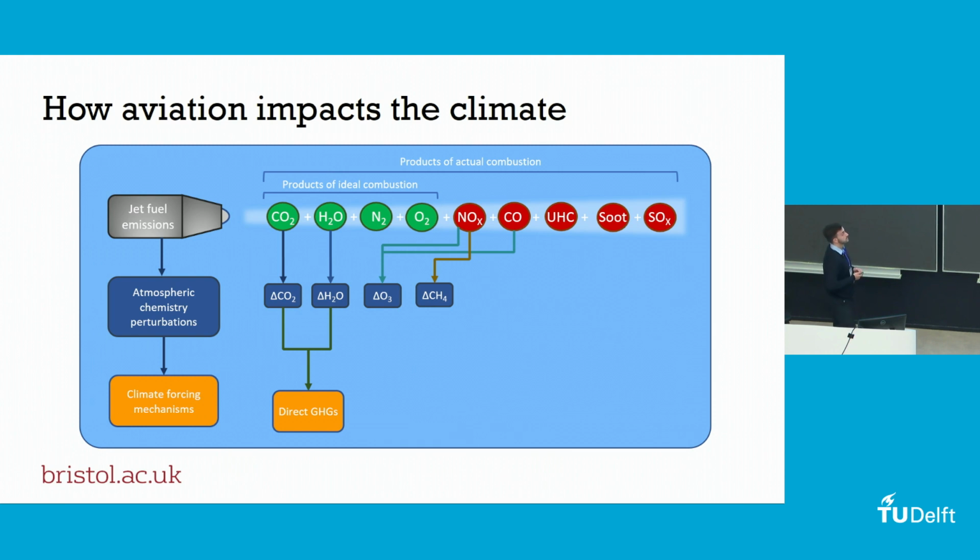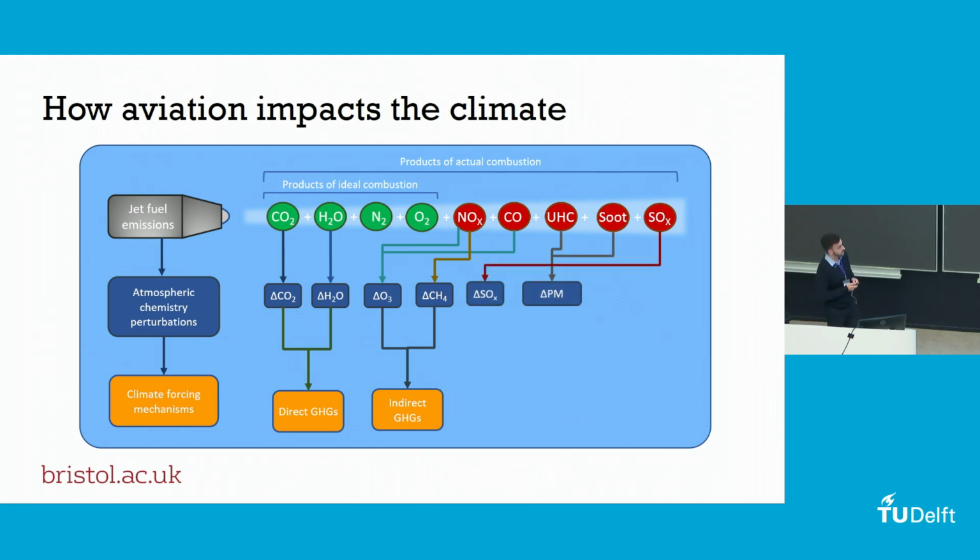Next up, we got NOx and carbon monoxide, which aren't strictly greenhouse gases. However, they do result in climate change. Basically, they go on to contribute to climate change through increasing the levels of ozone and decreasing the levels of methane in the atmosphere. This is through the indirect greenhouse gas effect.